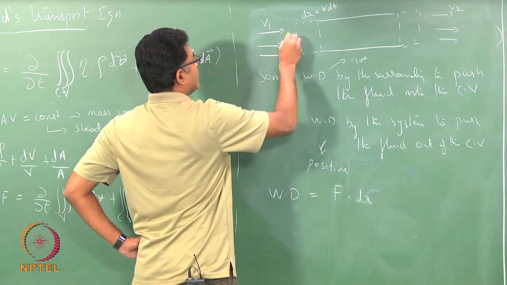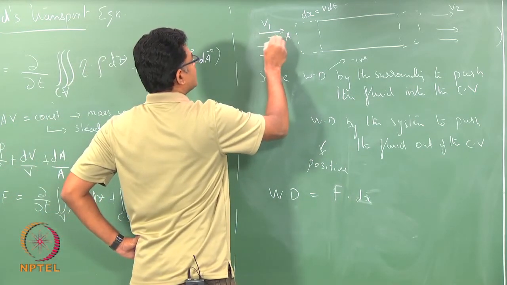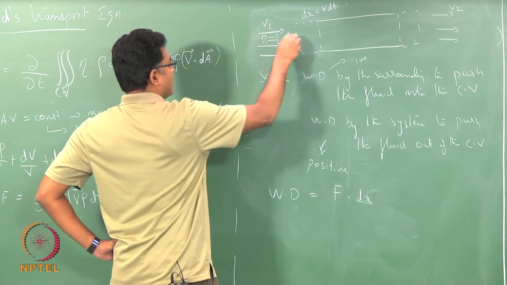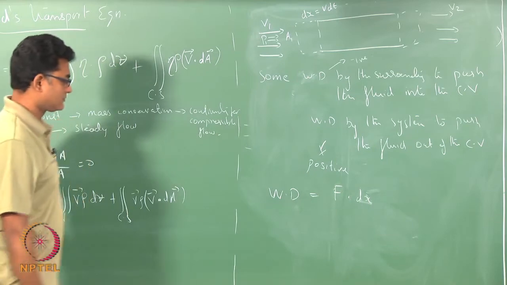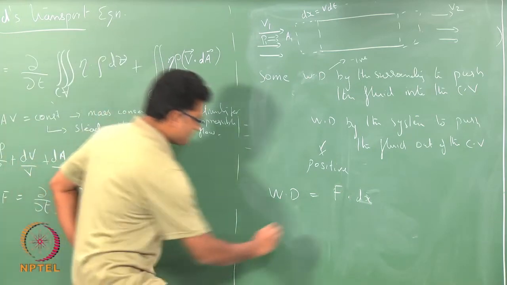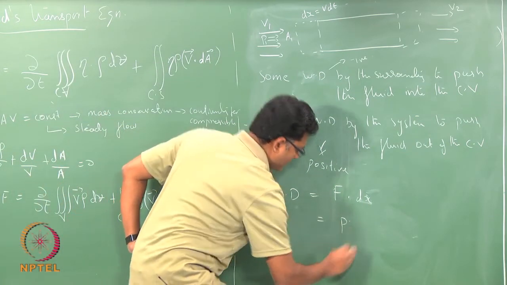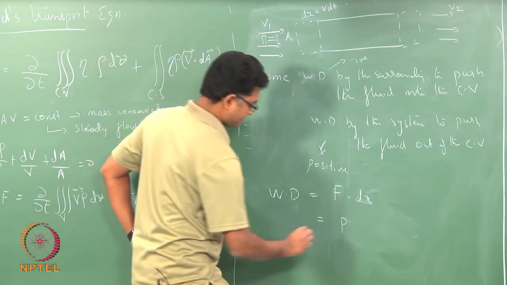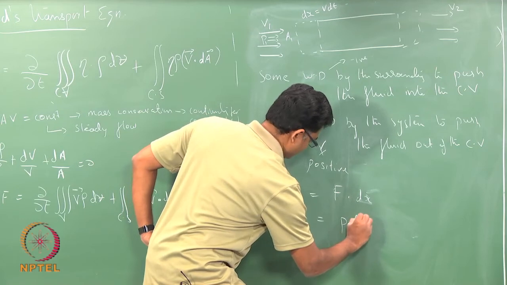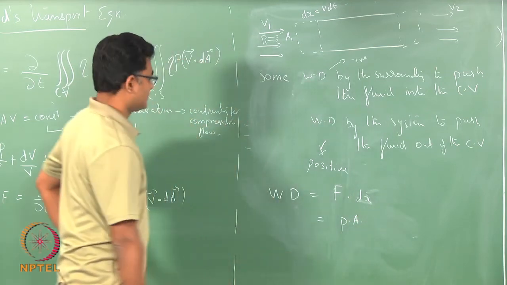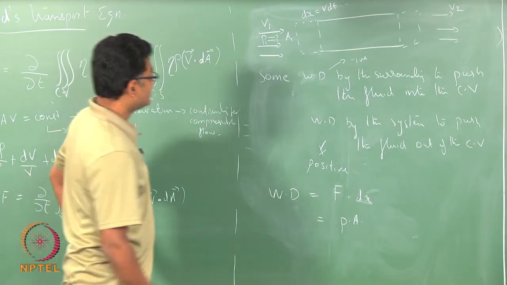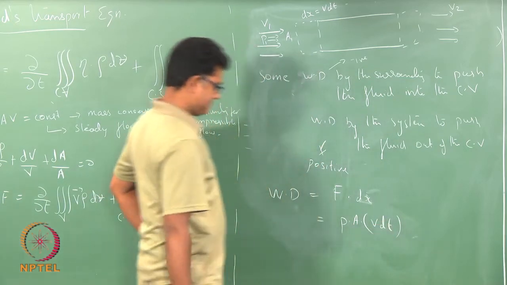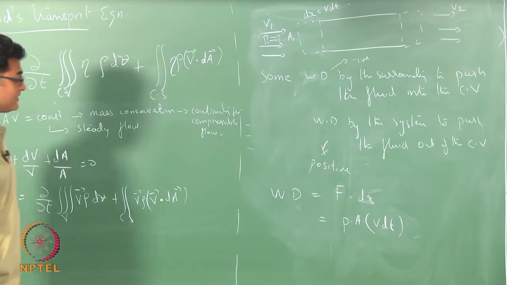If the area is A and the pressure is P, so P1 A1, the force is nothing but pressure into area, and dx is v into dt, where v is the velocity.